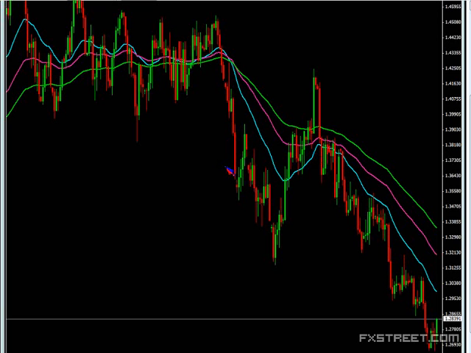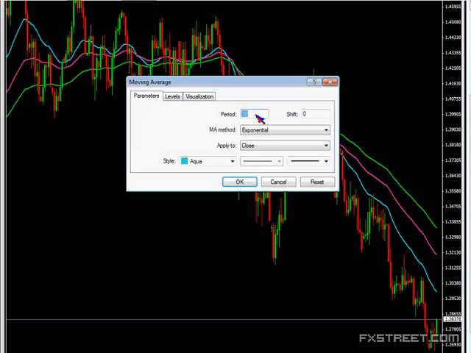Because remember, this is our daily chart, and this is telling us to sell short the euro dollar as long as the 30 is below the 60 and the 60 is below the 90. But this is not a good approach, because the 30 is still below the 60, even though the euro dollar went from lows of 133 all the way up to highs of 143. That's not good. So let's use a very sensitive moving average. Let's not use 30, let's use a 5.